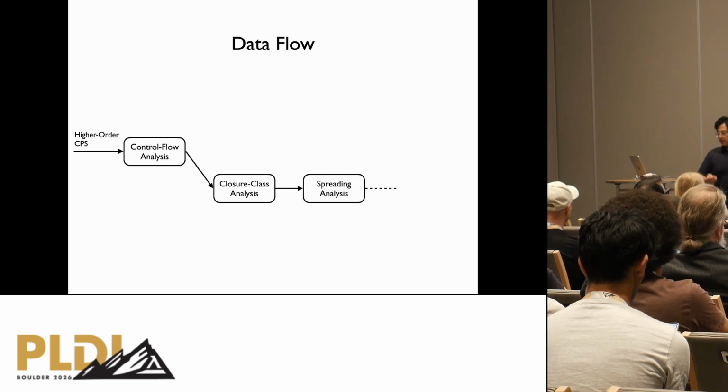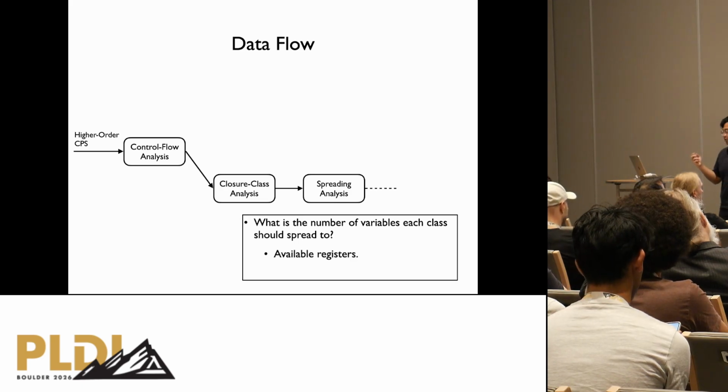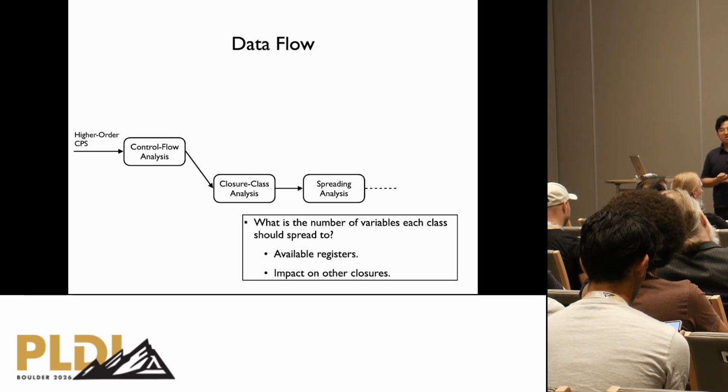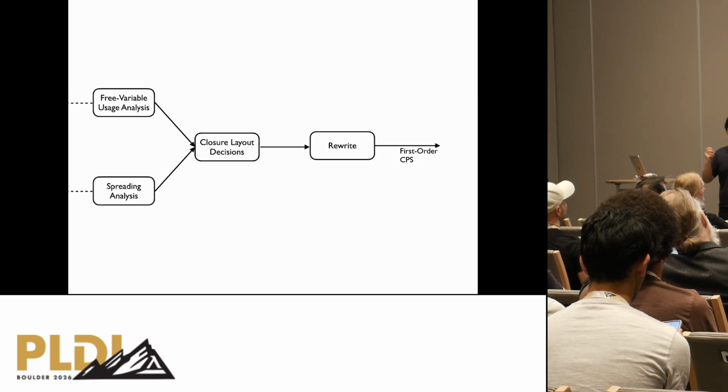Once we know all the classes, we perform a spreading analysis that answers the question of how many variables each class should be spread to, considering the available registers, that this class appears everywhere in the program, and also the impact on other closures as we talked about. Once we have both sides of the equation, we can perform our layout decisions.